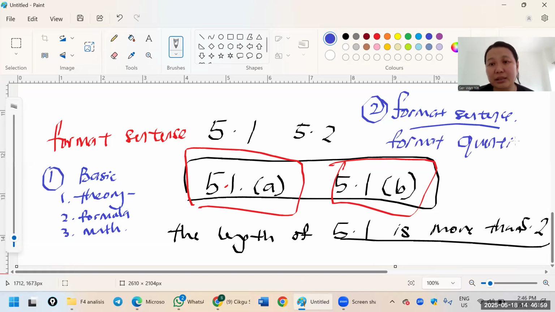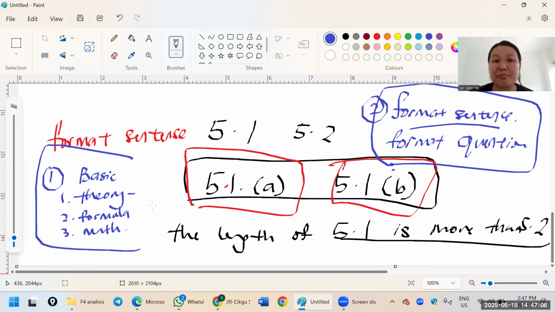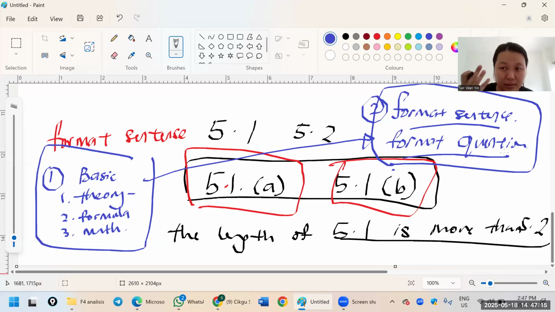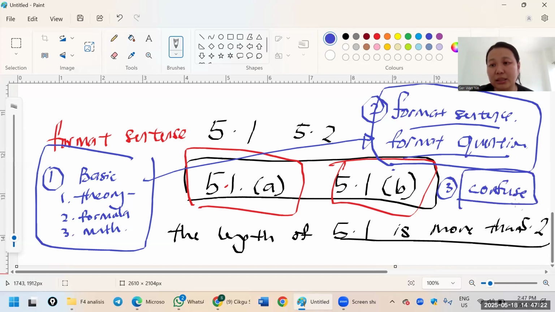You are not familiar. So you know basic everything, teacher. I memorize very well. Whatever you ask, I can answer. But you don't know how to answer the format. No marks. Okay, then number three, you confuse some concept, very easy to confuse. Chapter 2 so far don't have, from chapter 3, yes. So then you also lose your marks.